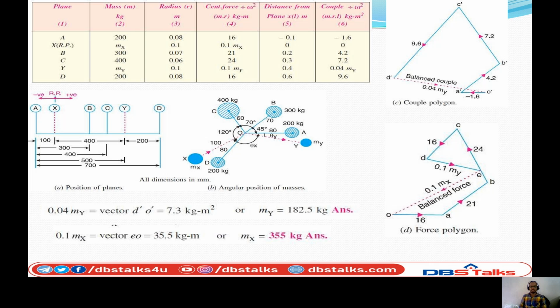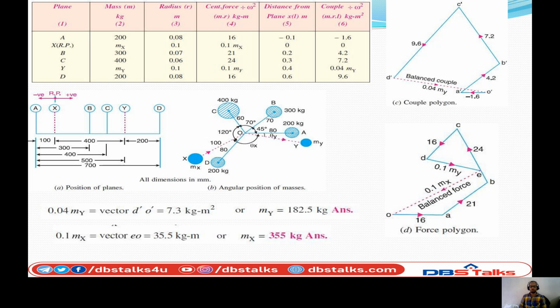So from the couple polygon we can directly draw this 0.04 m by is equal to vector d dash o dash, by measuring the values with the suitable scale. So 7.3 kg meter. So directly we can get m by is equal to so and so.